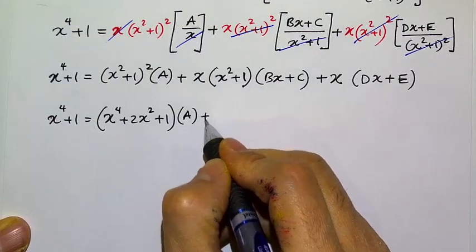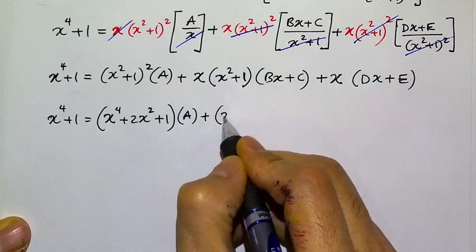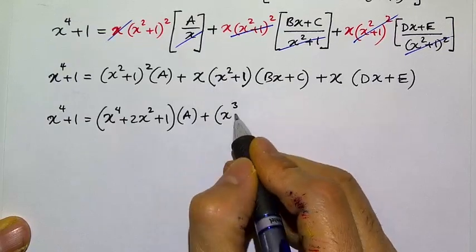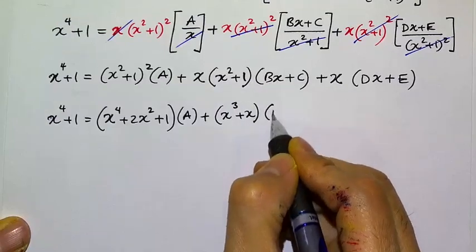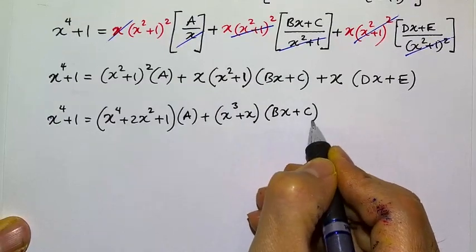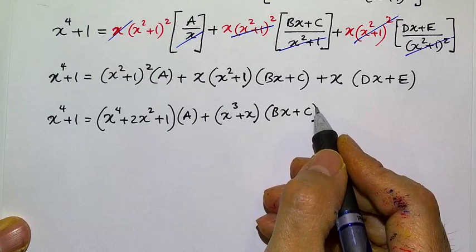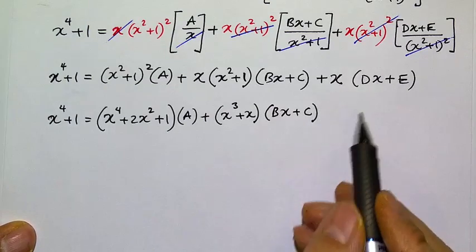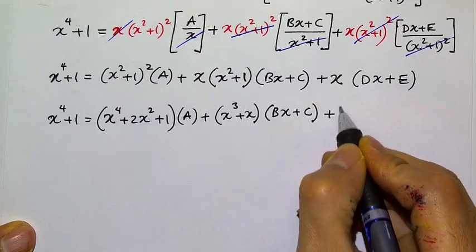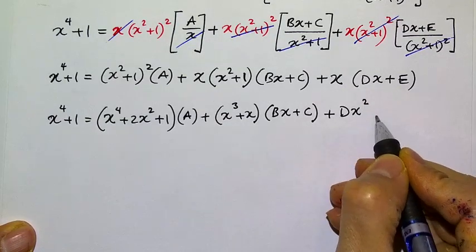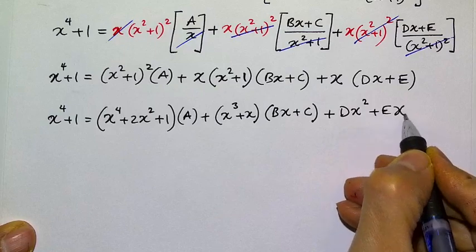So plus x cubed, I'm just distributing this x, plus x times (Bx plus C), and then I'm going to distribute this x into that. I get Dx squared plus Ex, right?